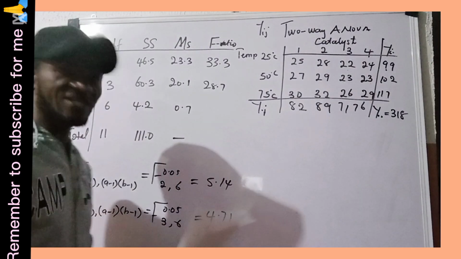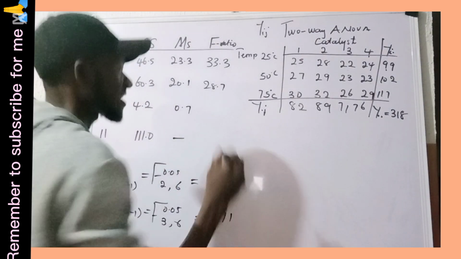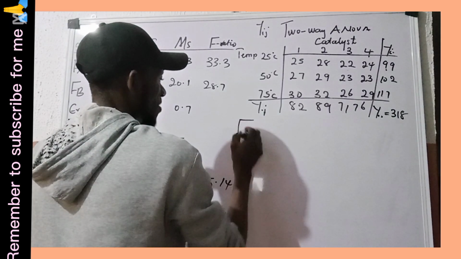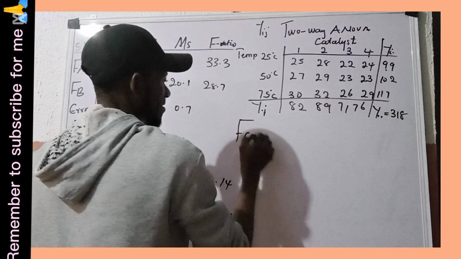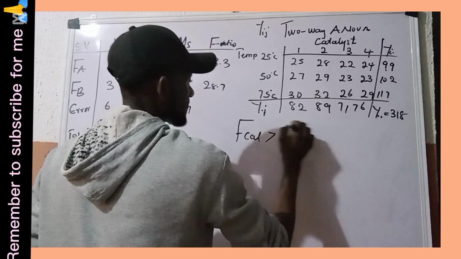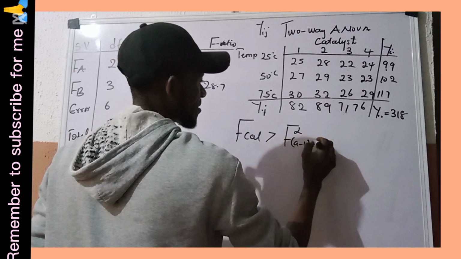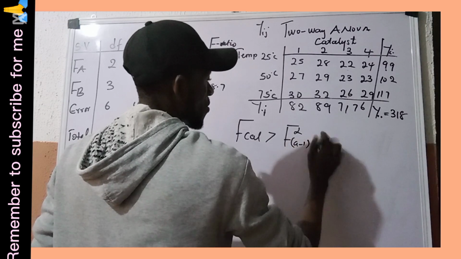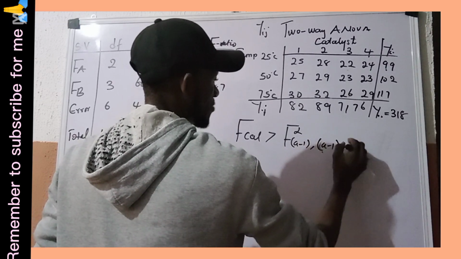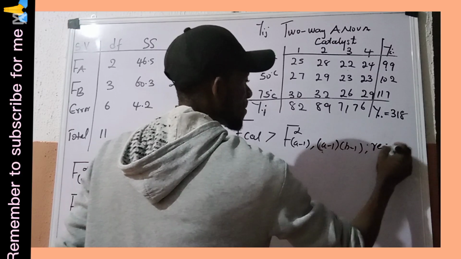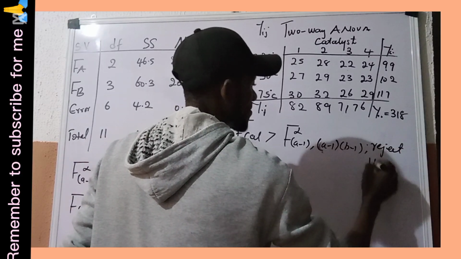Remember that the critical region which we gave is that if F cal is greater than F of alpha, A minus 1, comma, A minus 1 into B minus 1, we should reject H0.